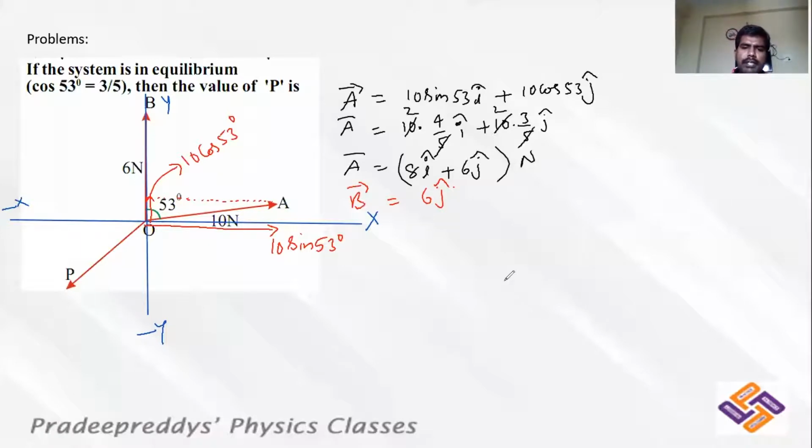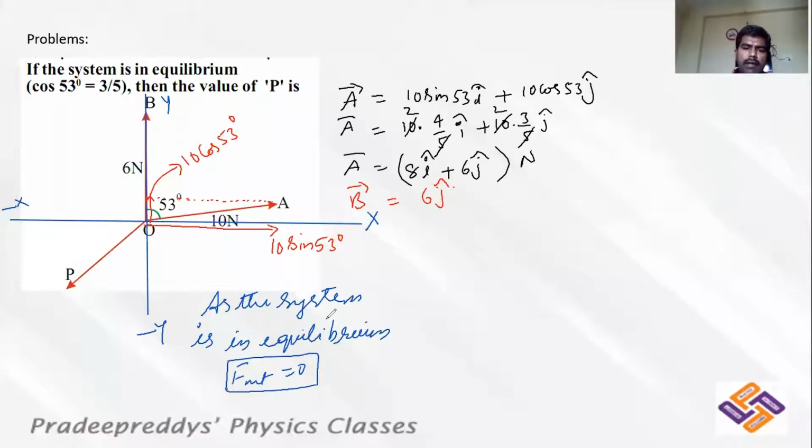As it is mentioned in the problem that the system of A bar, B bar and P bar is in equilibrium, the sum of all the forces should be equal to 0.